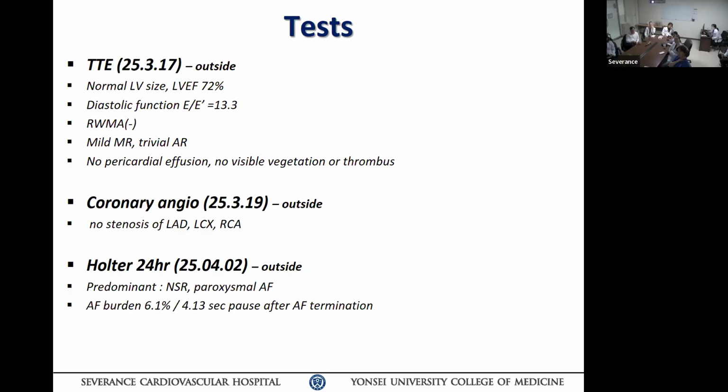Her diastolic function, E over E prime, was 13.3, and she showed no abnormal wall motion. And she had mild MR, trivial AR, and no pericardial effusion. Her coronary angio done outside was also normal, and the Holter test showed that she predominantly had normal sinus rhythm and paroxysmal AFib burden of 6.1% and 4.13 second pause after AFib termination.